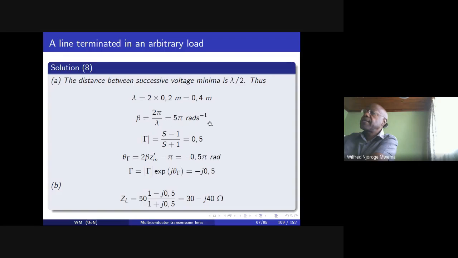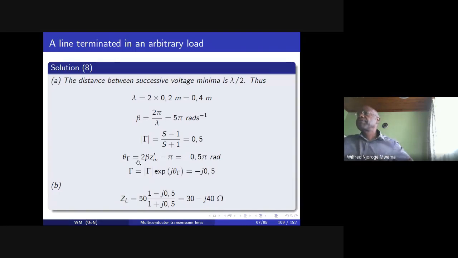and we see that that is going to be 5 pi radians. And the magnitude of gamma, the reflection coefficient, is going to be given by that equation: the voltage standing wave ratio less unity over 1 plus the standing wave ratio, and we get a value of 0.5.